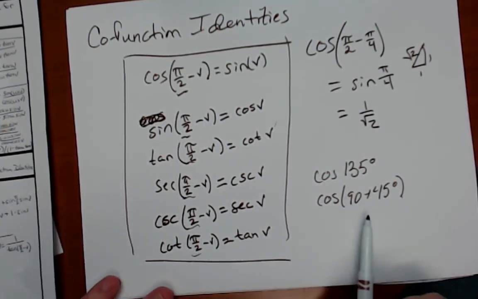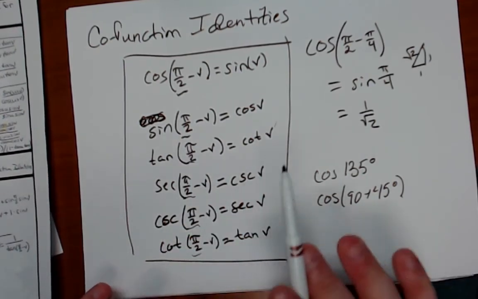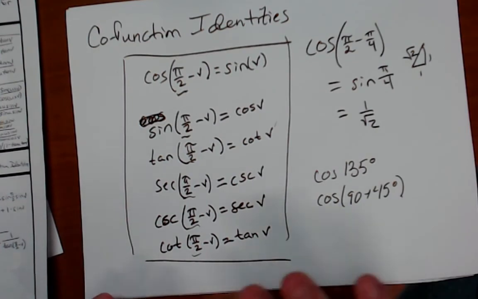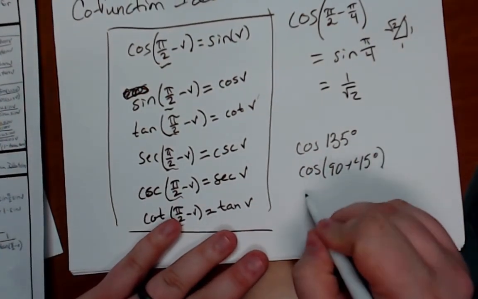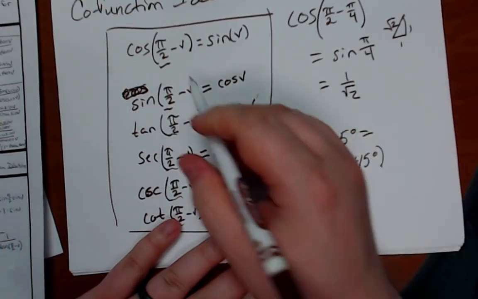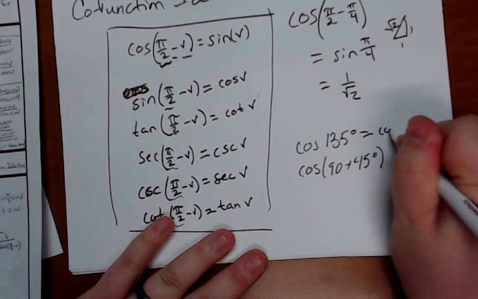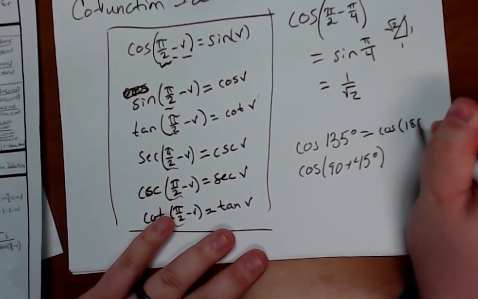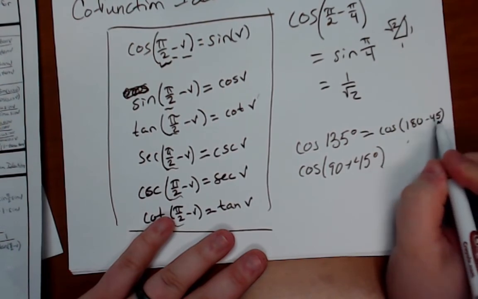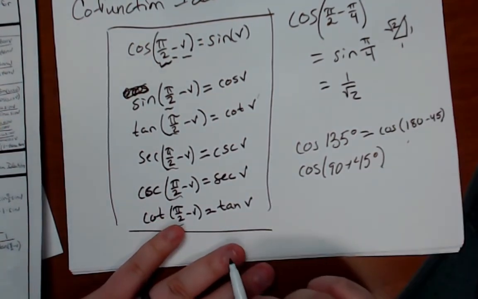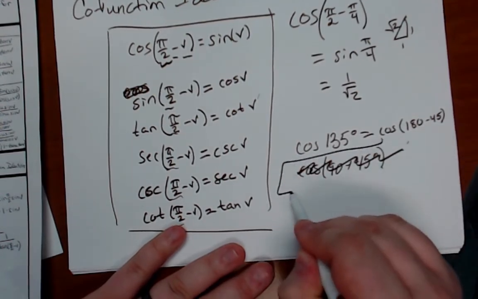You know what, we'll do it. We need a pi over 2 minus an angle that we know. So we can do cosine of 180 minus 45, right? That's 135. While that's true, we're not going to use it.